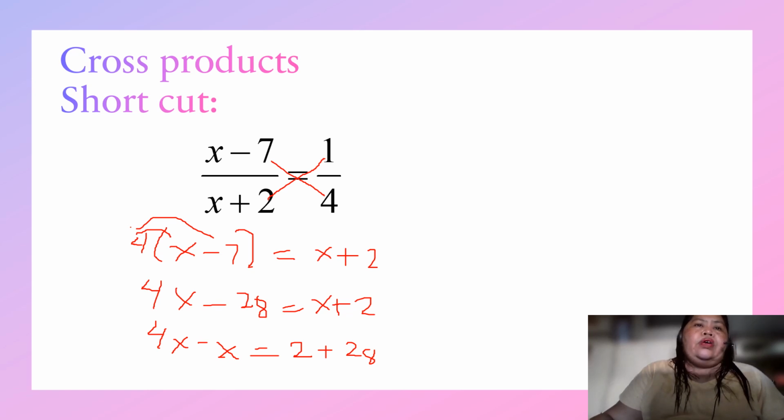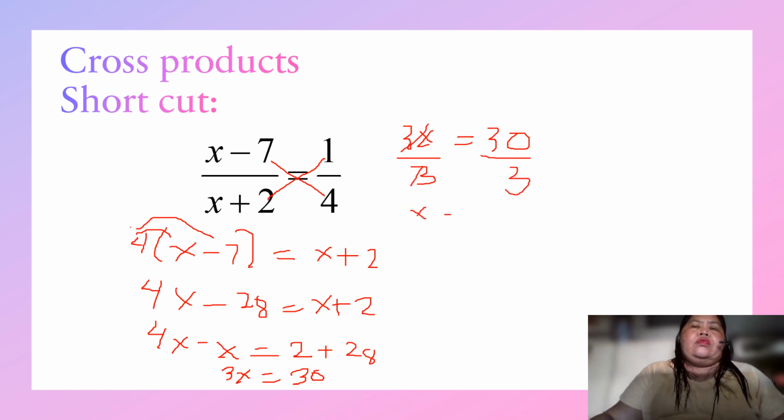So 4x minus x is equal to 3x, and 2 plus 28 is 30. So from 3x is equal to 30, we can divide by 3. So we get x is equal to 10.